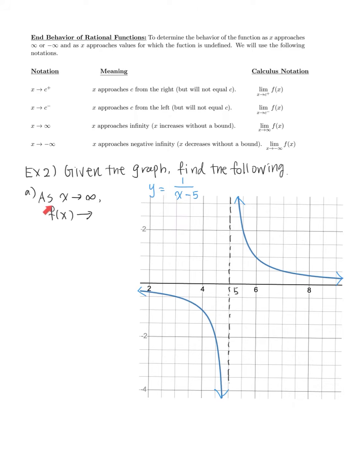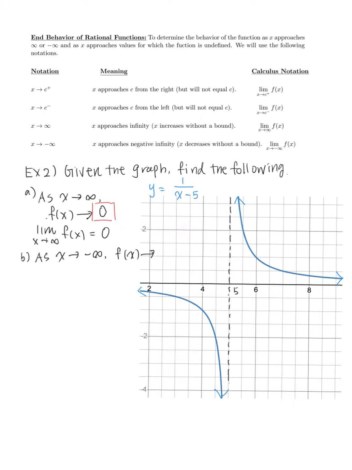So as x goes to infinity, our function f of x is going towards y equals 0, so just put 0. And in calculus notation, we describe this as the limit as x goes to infinity of f of x is 0.